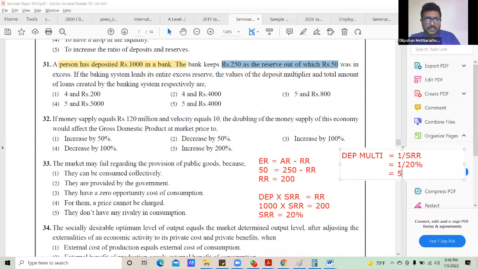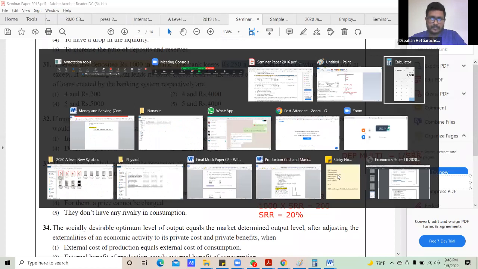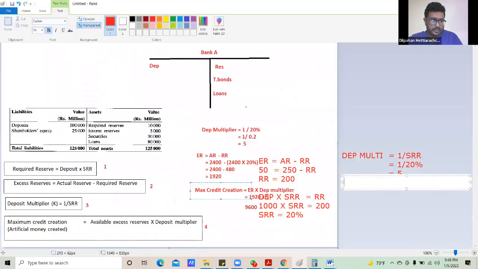And what's the next question? Total amount of loans created by the banking system, right? What's the equation you have to use? The last equation I mentioned in my explanation. This one, fourth one. Maximum credit creation equals excess reserve into deposit multiplier.